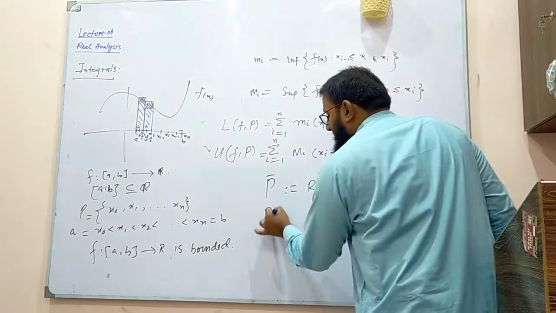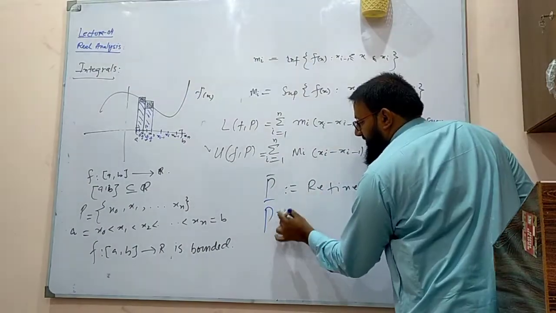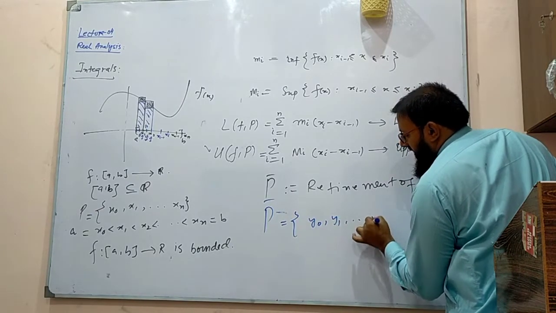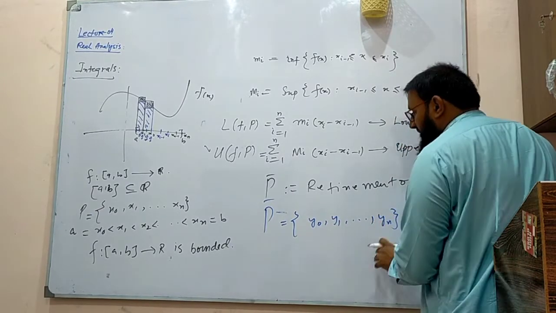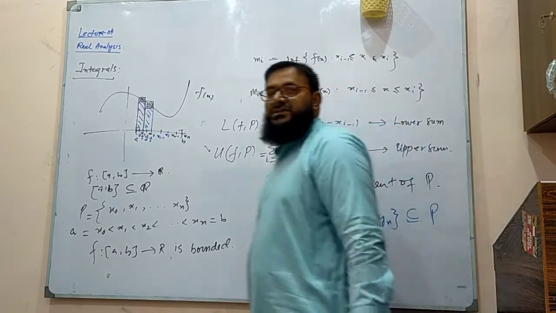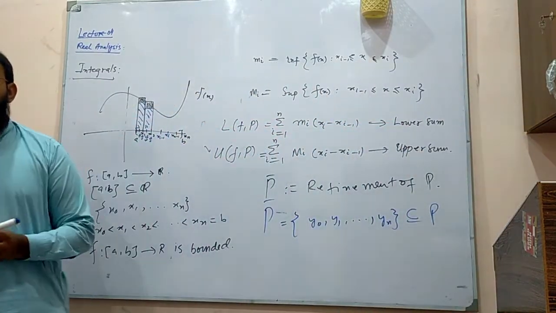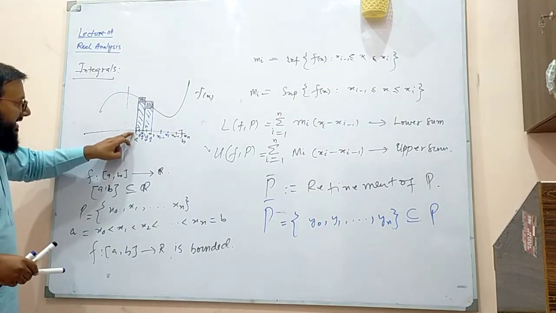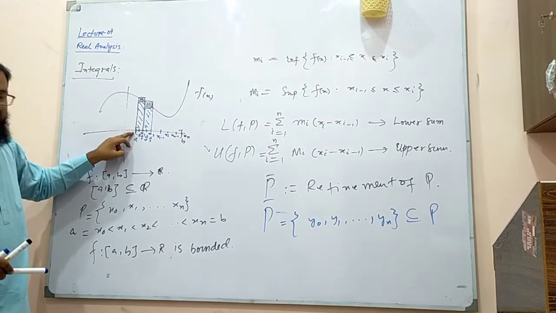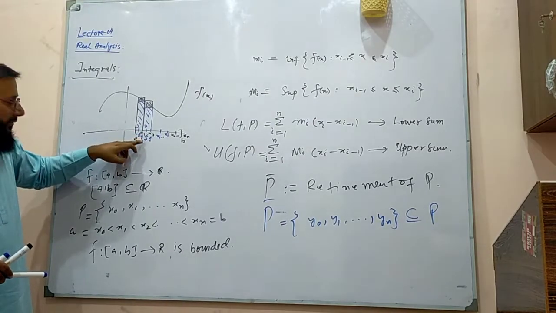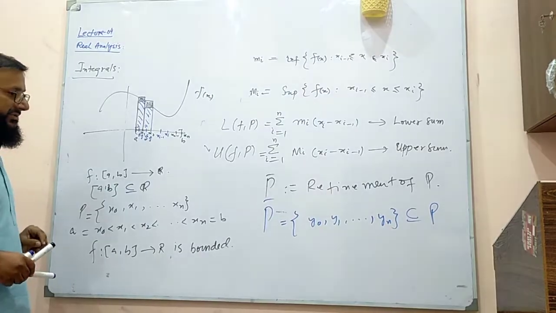So P bar will be simply y0, y1 up to yn, but these all the values will be basically a subset of P, because we know exactly that y0 is same as x0 and y2 is same as x1.